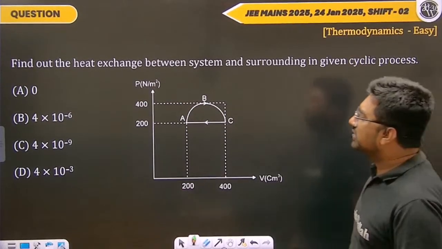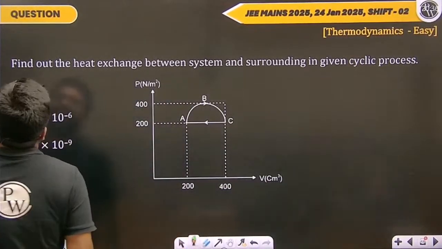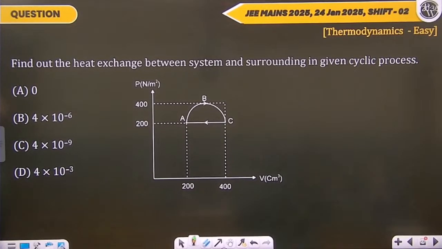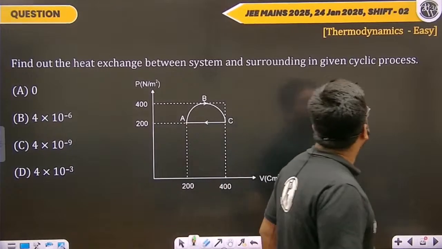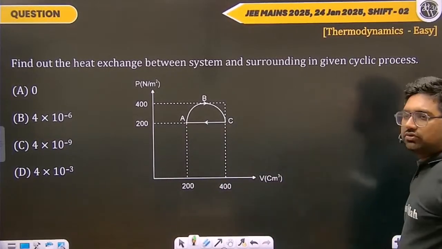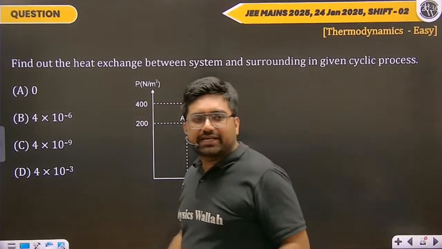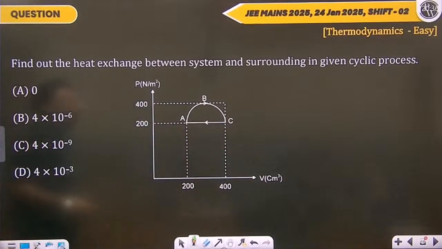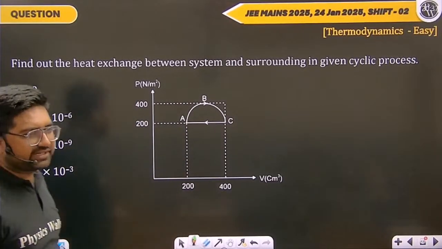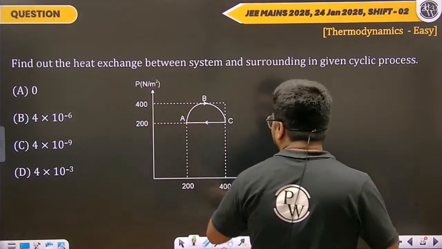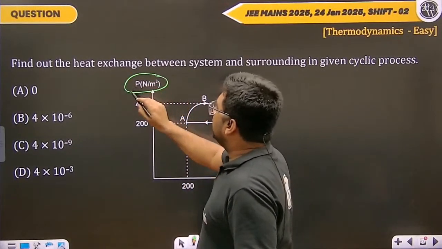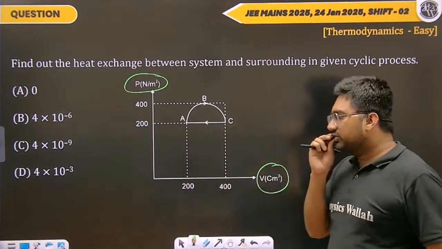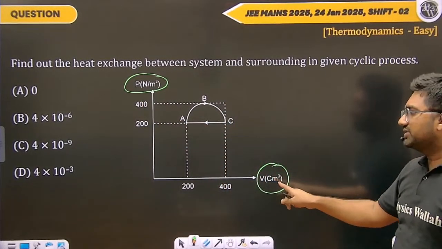This is a very simple question. It asks to find out the heat exchange between the system and surrounding in a given cyclic process. We know that for a cyclic process, the net work done for a cycle equals the net heat exchange. This is a PV graph, here pressure is in Newton per meter square and volume is in centimeter cube.